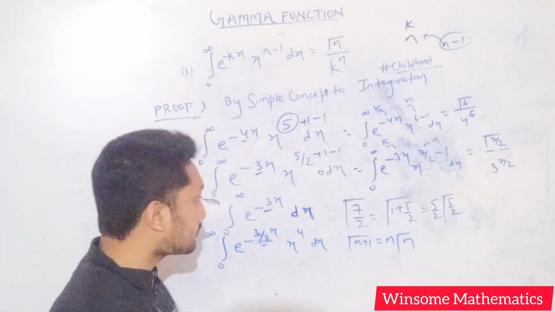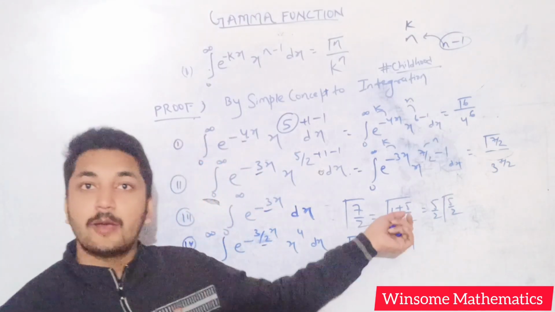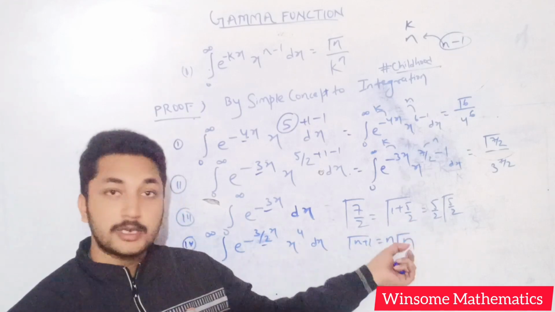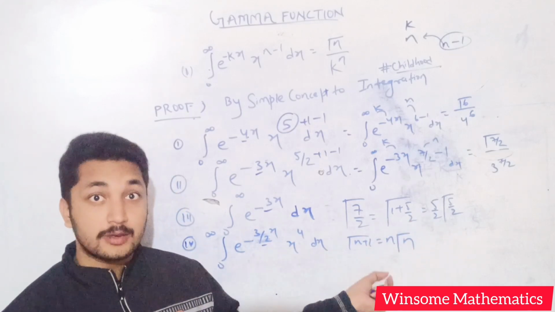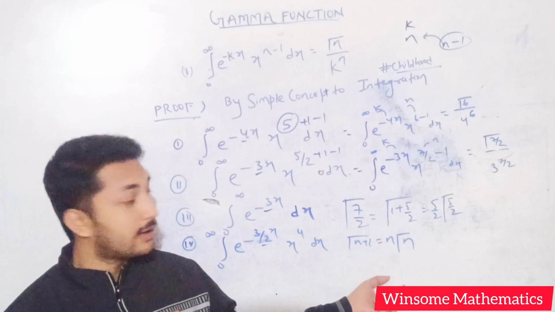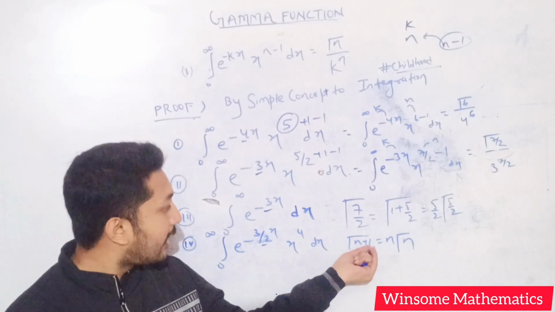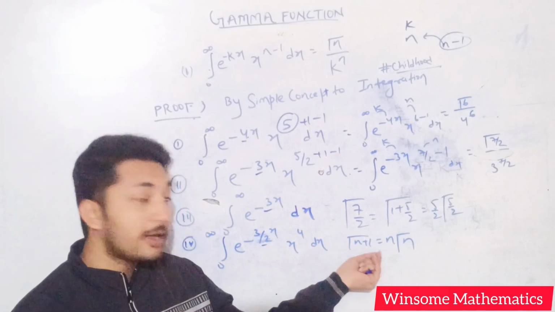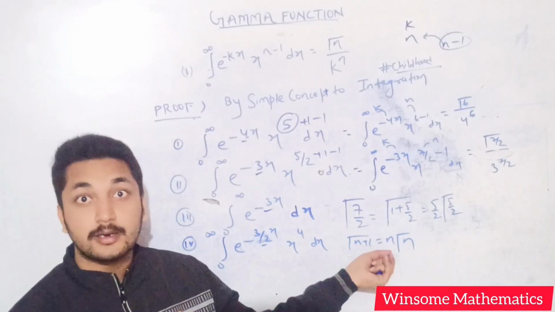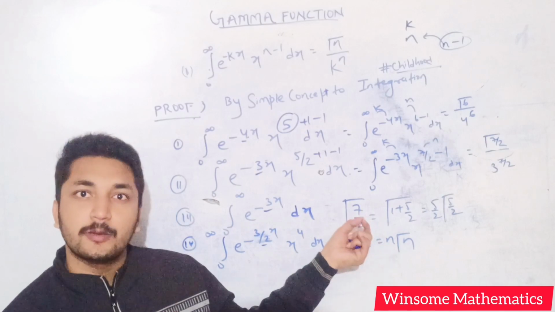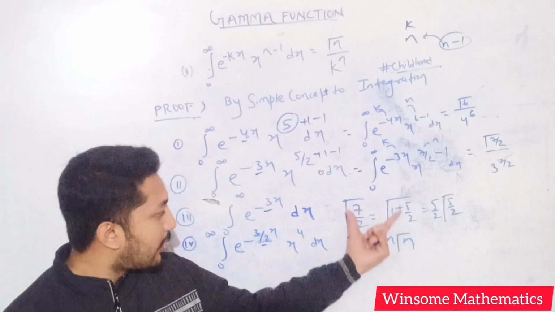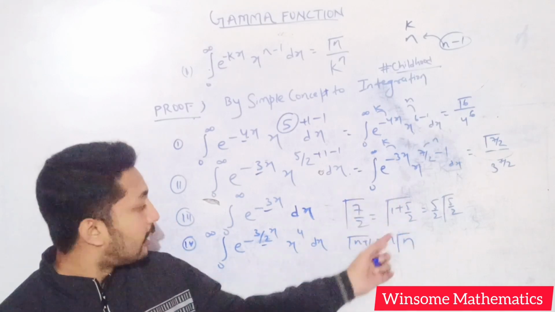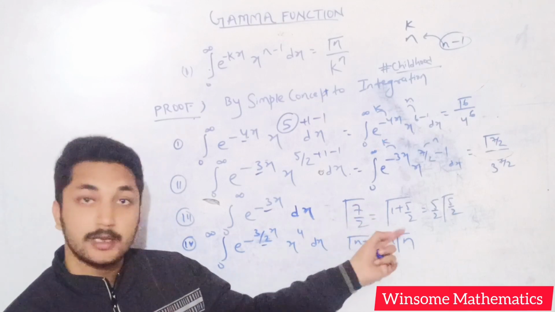So what is n here? n is 5 by 2. You must remember this relation, okay, because this is very prominent. I am discussing it again, repeating it again. Gamma n plus 1 is equal to n gamma n, and I already discussed the importance of this recurrence relation, that it is used to solve fractions in a pinch of time. Okay, simple. So n gamma n, so 7 by 2 can be written as 5 by 2.